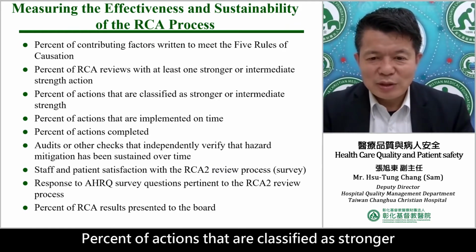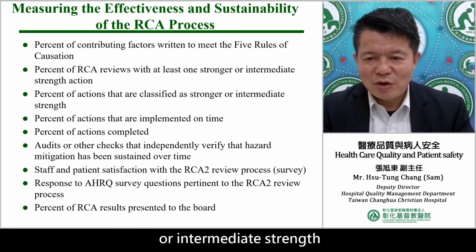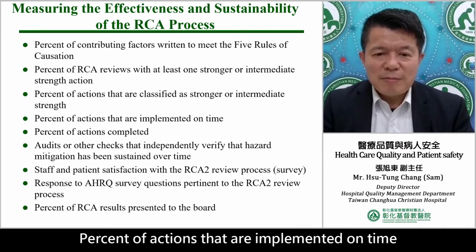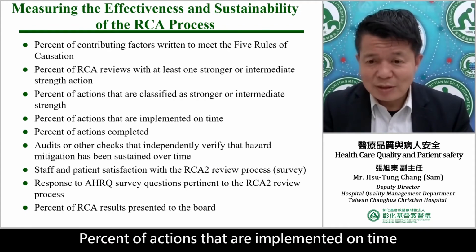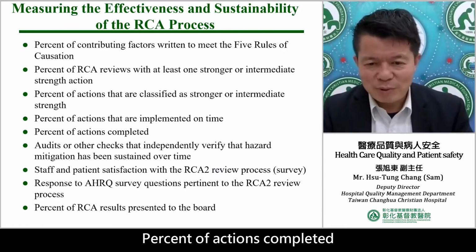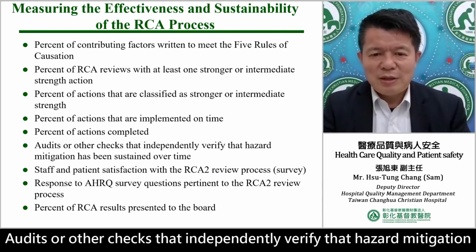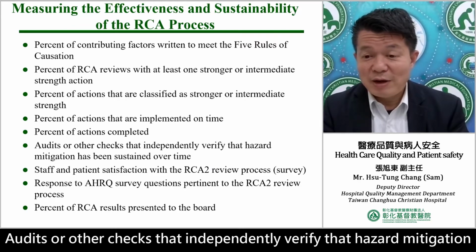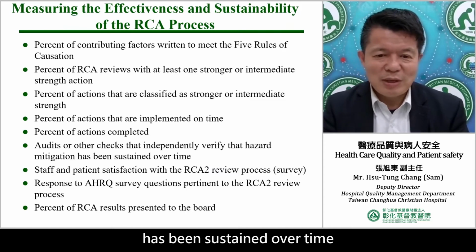Percent of actions classified as stronger or intermediate strength. Percent of actions implemented on time. Percent of actions completed. Audits or other checks that independently verify that a mitigation has been sustained over time.